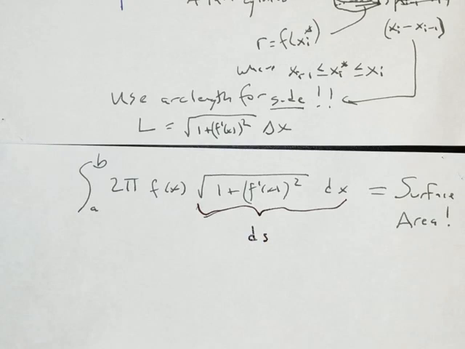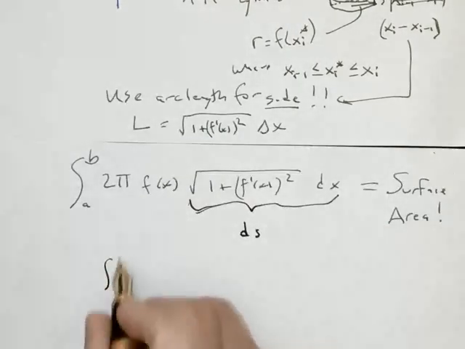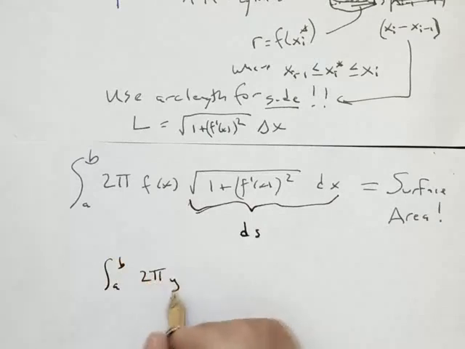So another way to think of this is that our radius is a y value. And we're making little cylinders as we go along, so we need to measure their side lengths. And side length comes from this. So quite frequently, I will write this integral like this.